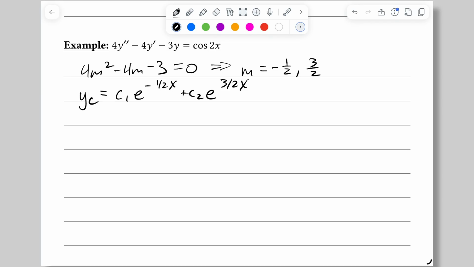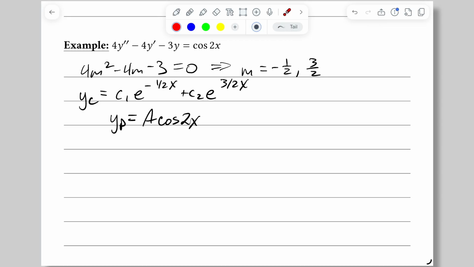We're going to write down y sub p. And if we saw cosine 2x, we might think, well, it's a times the cosine of 2x. And that's almost correct. But our differential equation has the second derivative, the first derivative, and the function itself. When we differentiate a cosine, we get a sine.